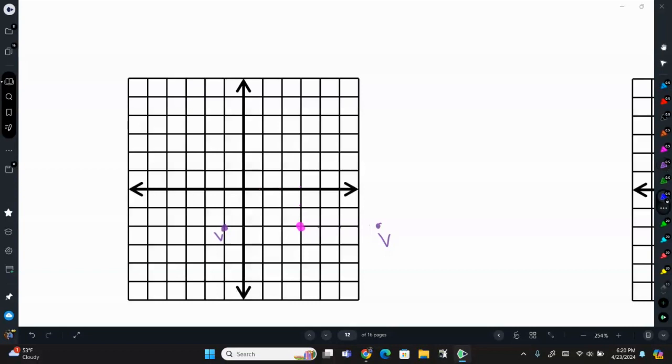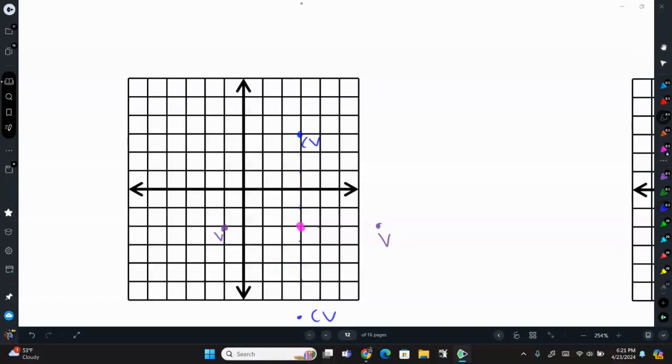Now the covertices, we're going to go 5 up and 5 down because our b value is 5. 1, 2, 3, 4, 5. There's a covertice. 1, 2, 3, 4, 5. There's another covertice.